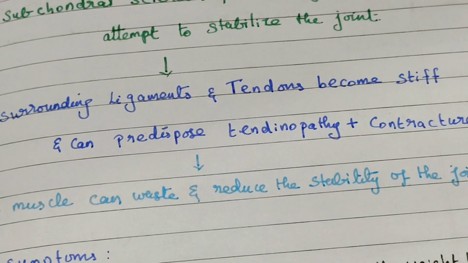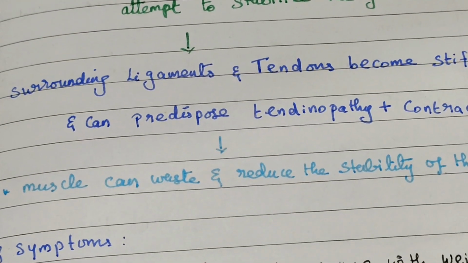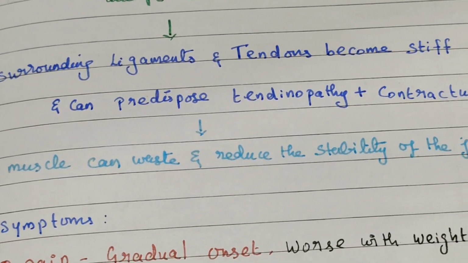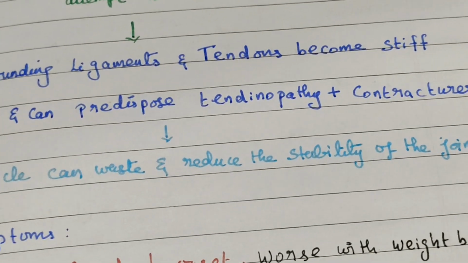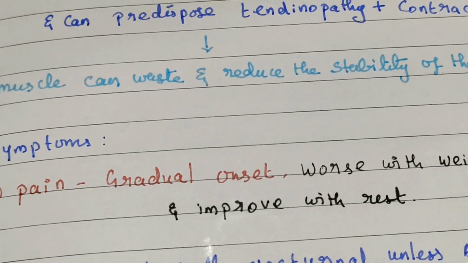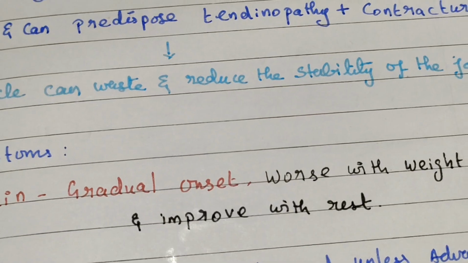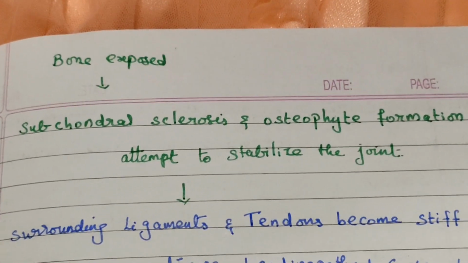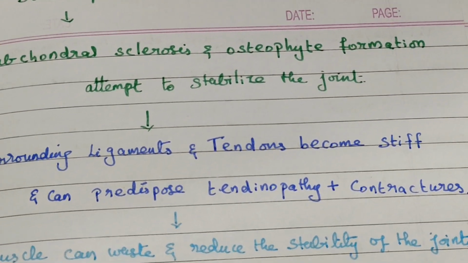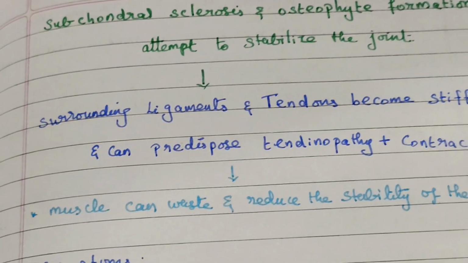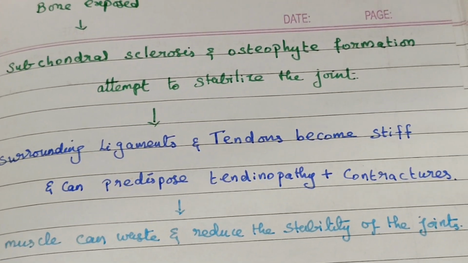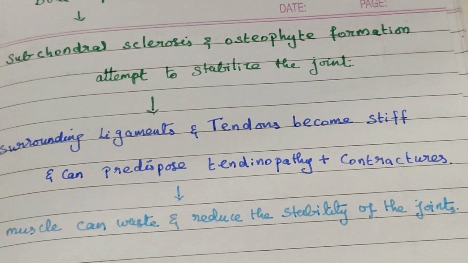The ligaments and tendons surrounding the joint become stiff and can predispose to tendinopathy and contractures.